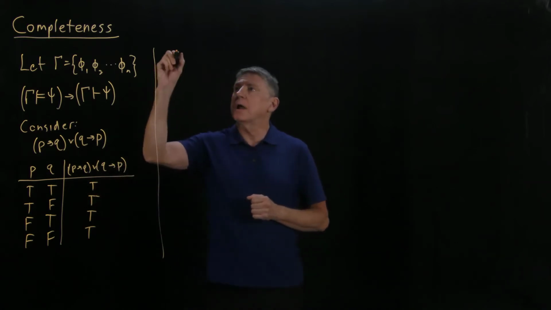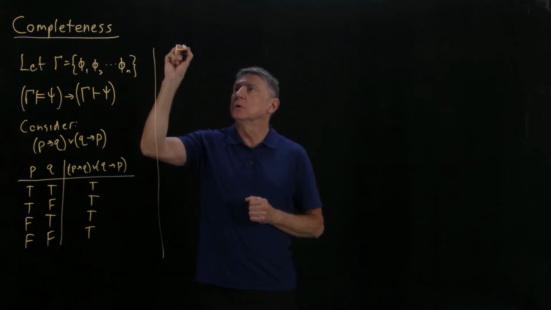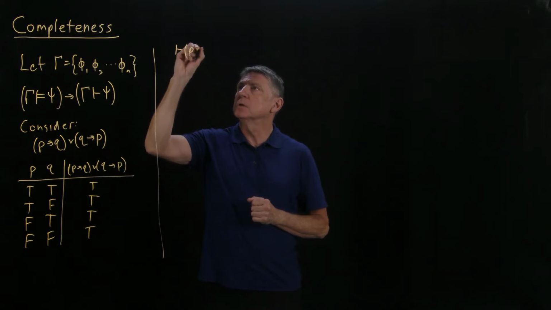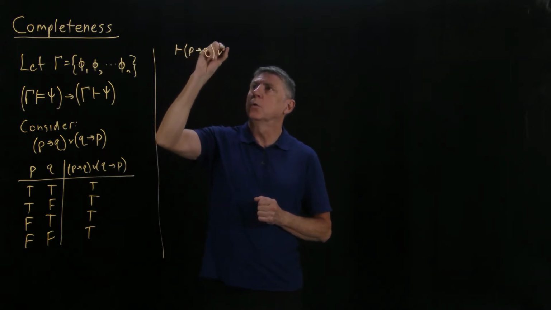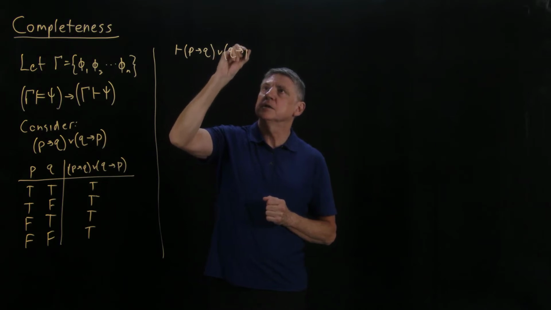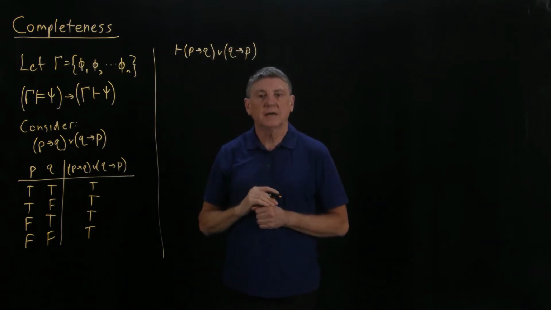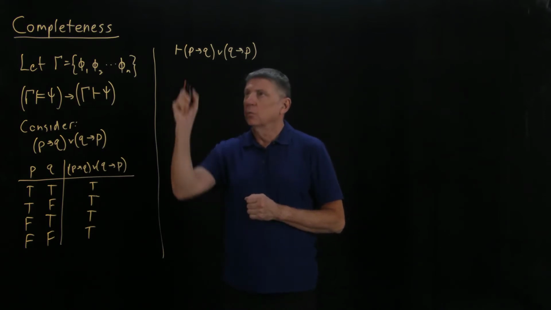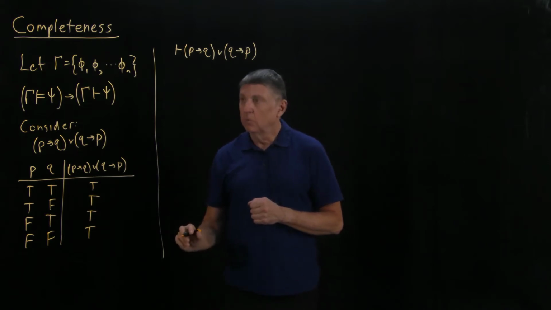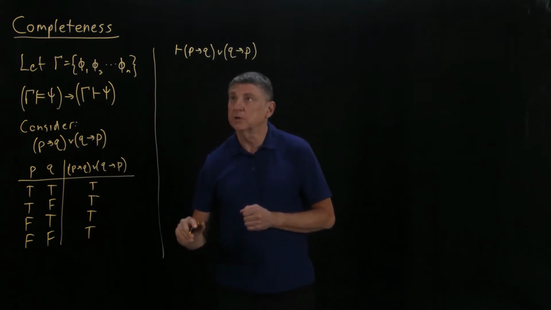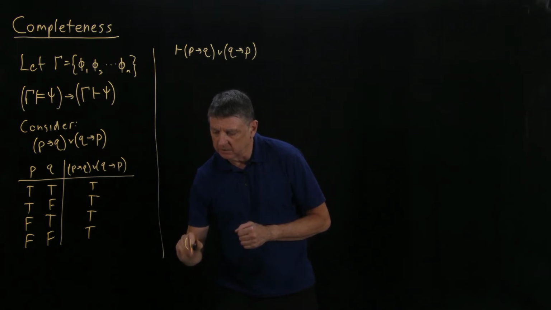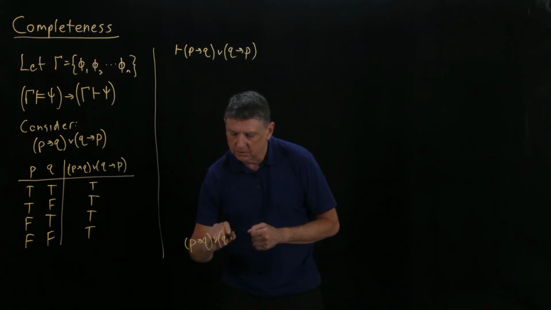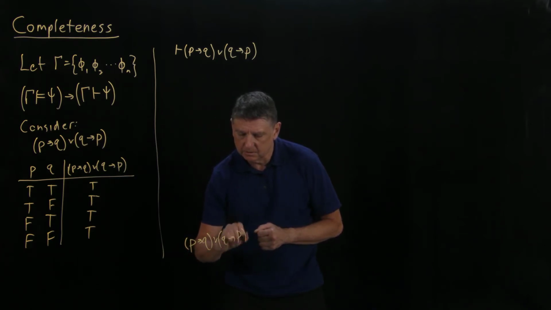So we might propose a sequent, which is, from no premises at all, we might suppose that P implies Q or Q implies P, and now we're back in the world of proofs for natural deduction. We have no premises, and so the only thing we can begin with in our proof is our conclusion, and we would write down our conclusion as P implies Q or Q implies P.